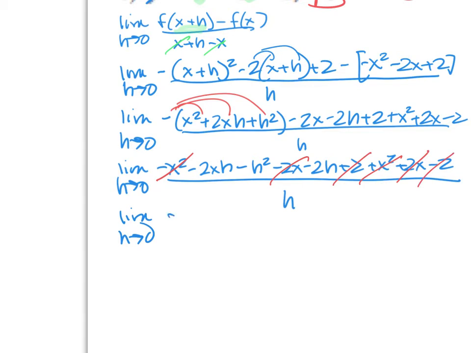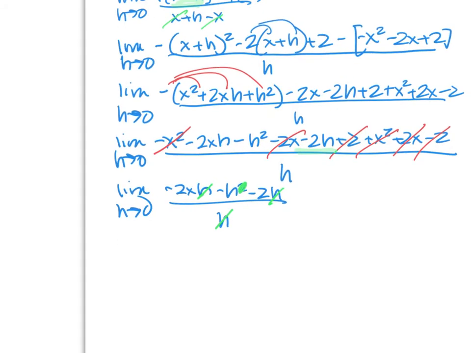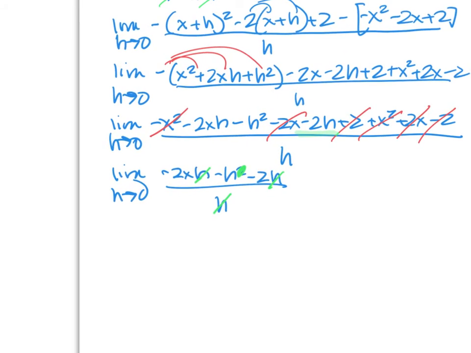So when we have this, we are going to be left with terms that have an h. So the one that's kind of easy to forget here, everybody, is this minus 2h. That's kind of snuck in there. All right, so right here, in order to be able to simplify, we need to make sure we have an h in every term.